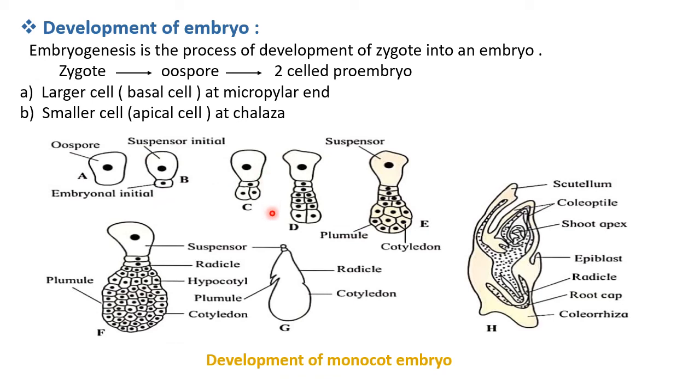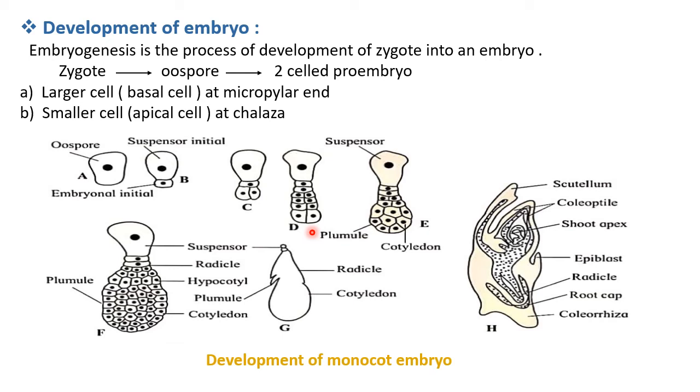Further, mitosis occurs in suspensor initial as well as embryonal initial. In the C and D diagram, we see that suspensor initial and embryonal initial cells undergo mitosis.